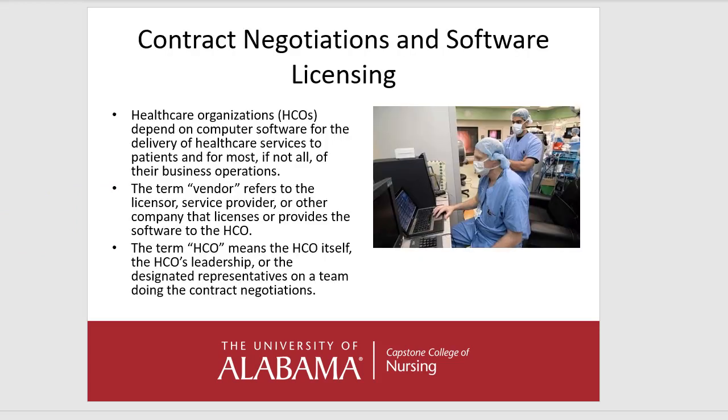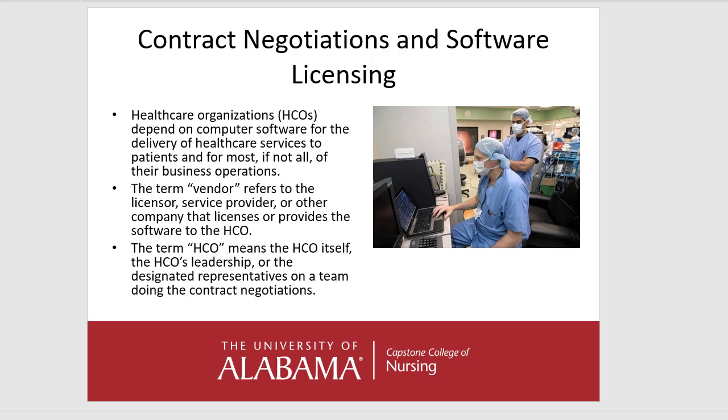You will also learn more about contract negotiations and software licensing. So healthcare organizations obviously depend on computer software for delivering healthcare services to the patients and their business operations. And in fact, years ago, the application of information systems in healthcare really started on the business side of things, keeping track of where patients were and the days in which they were in the facility.